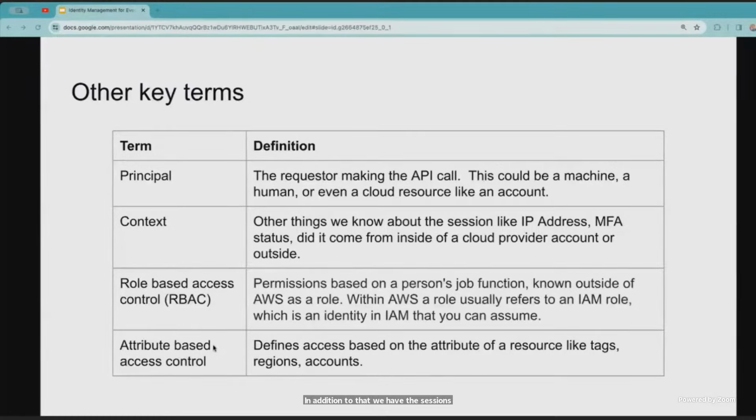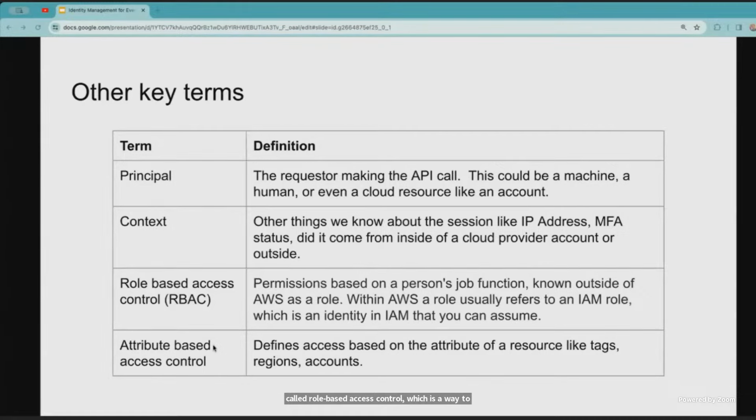So what are the other things that we can know about how that user is coming in? So what IP did they come from? Were they using multi-factor authentication? Did it come from inside of a cloud provider account, or did it come from somebody else's computer? All of these clouds that we're looking at use a system called role-based access control, which is a way to delegate permissions based on a job function.